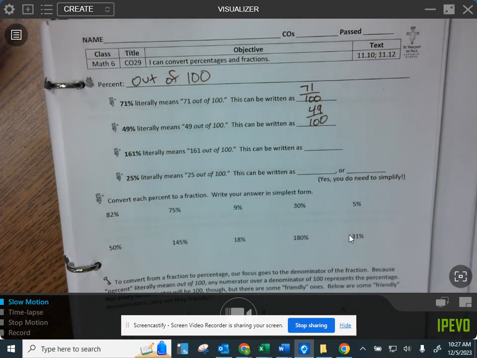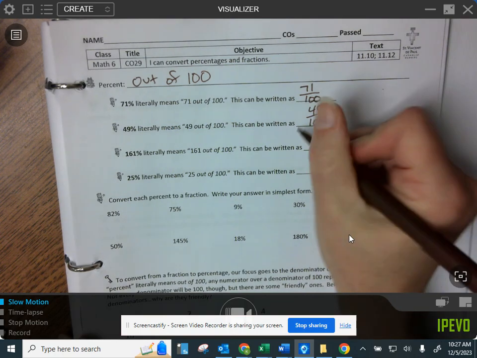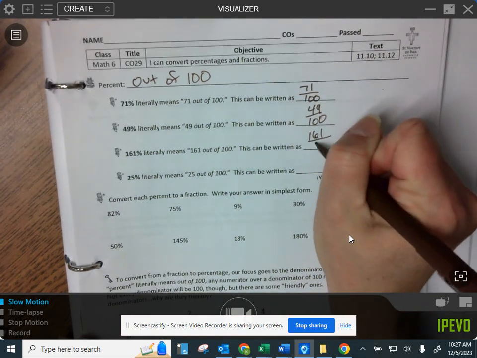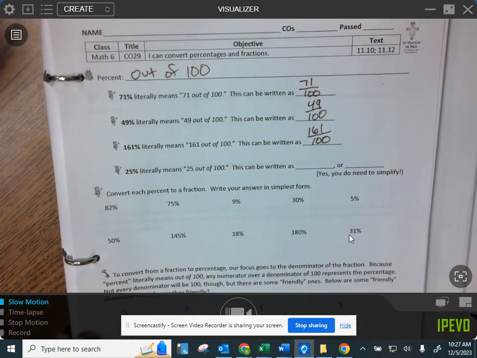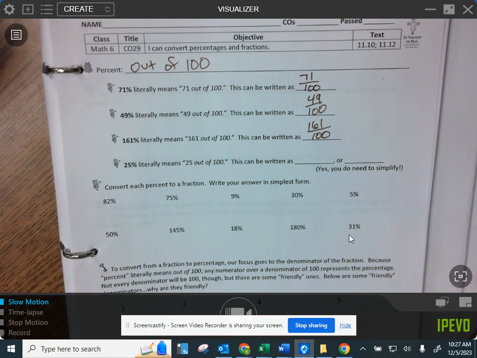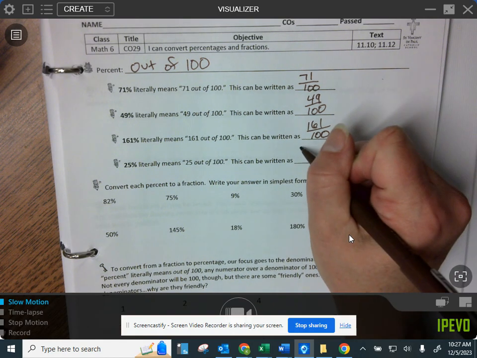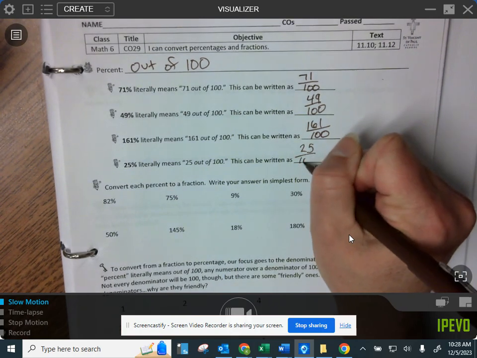How would I write that? Dom? 161 over 100. So 25% literally means 25 out of 100. This can be written as what? Hannah Mae? 25 over 100.